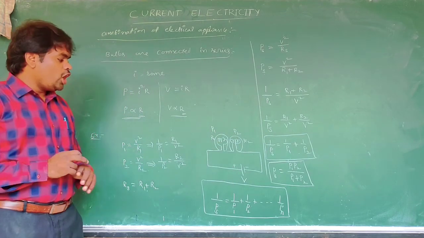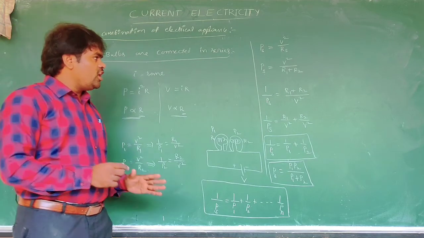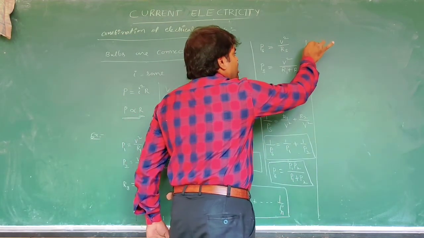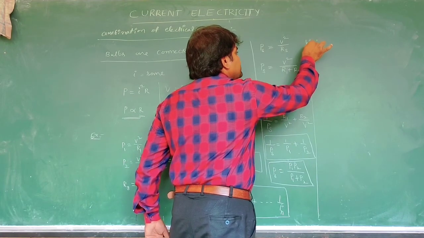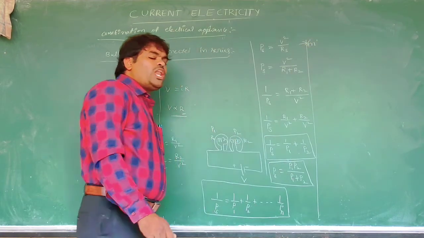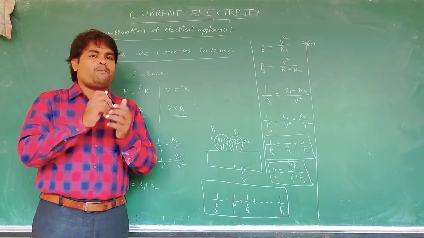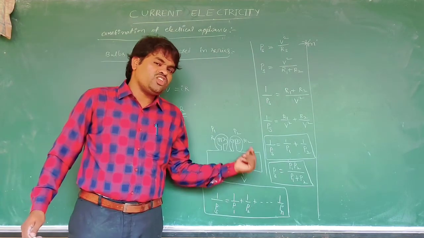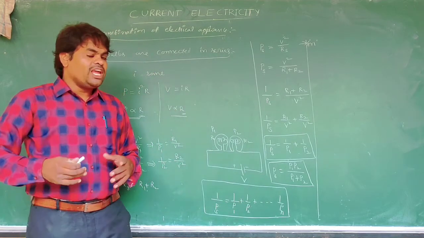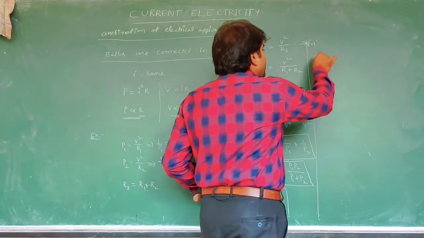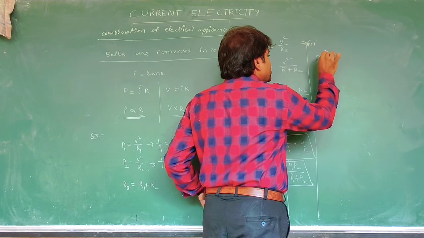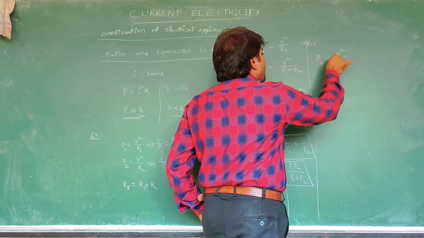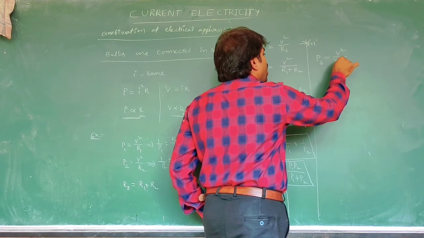If n equal resistance electrical appliances are connected in the series combination with the same potential, then the power dissipated in the series combination Ps is equal to V square by nR.